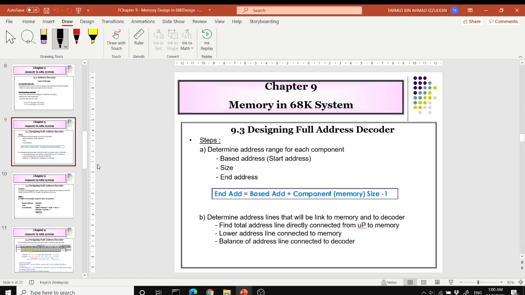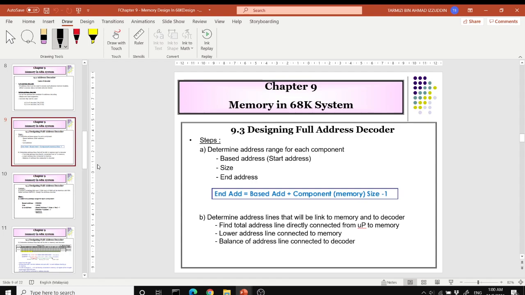So basically the steps of designing the full address decoder started with first determining the address range for each of the component, your peripheral, your memory. You got to identify what's the base address, the size of memory that you're going to connect to your 68K, and lastly the end address.